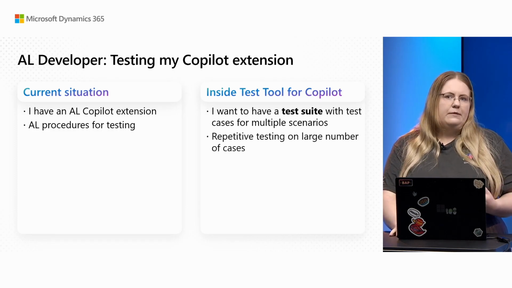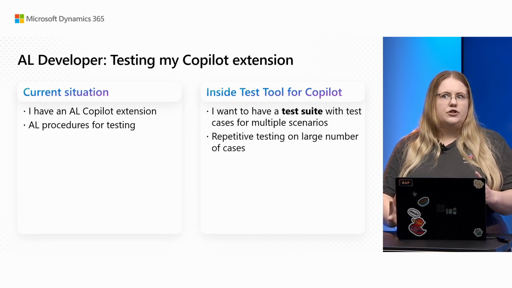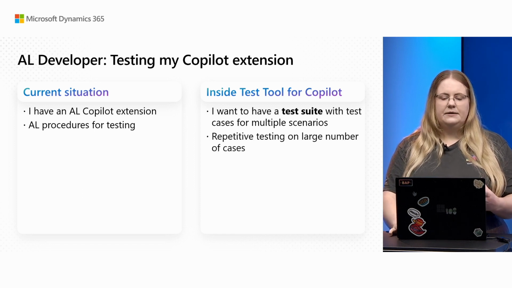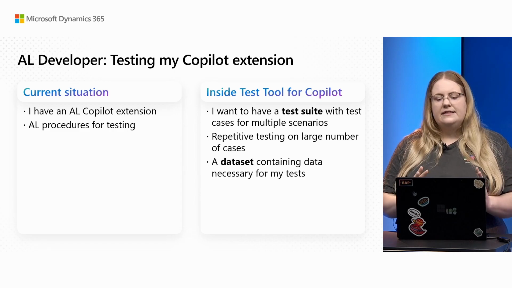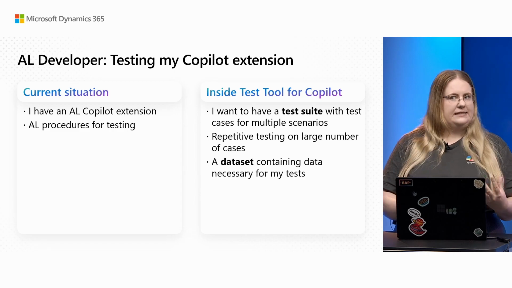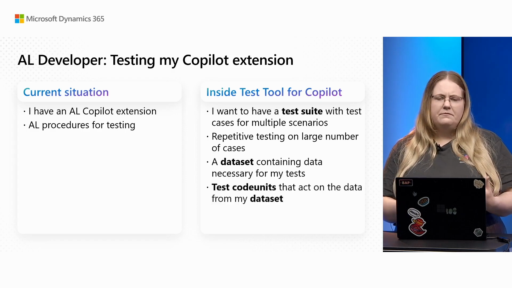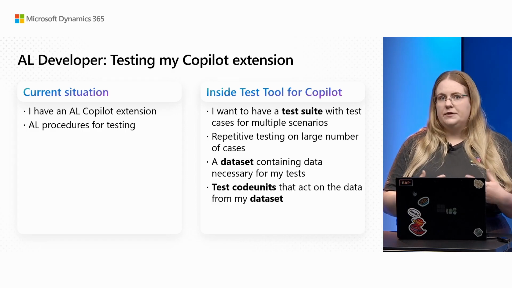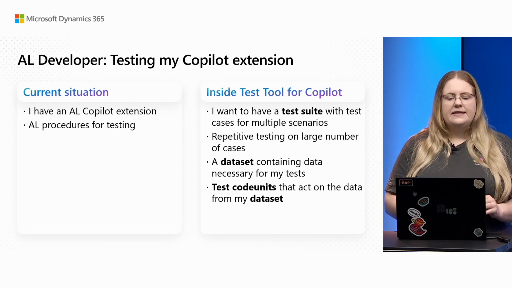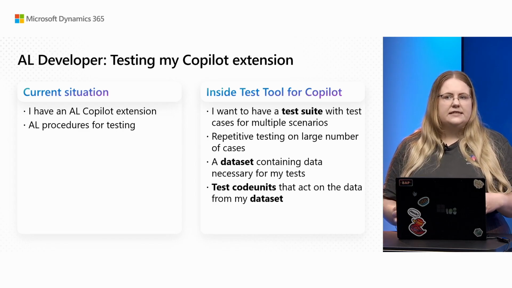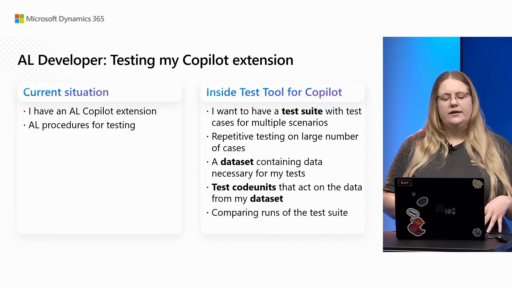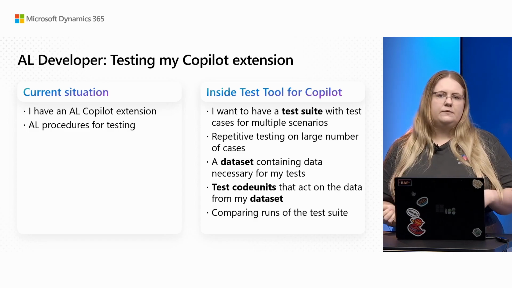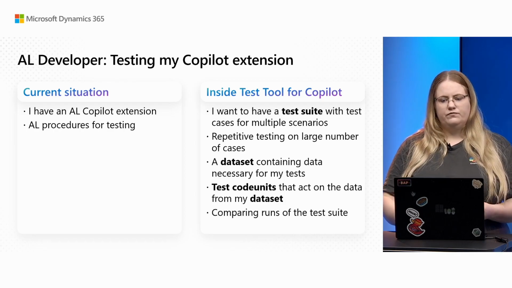And I want to enable repetitive testing on a larger number of cases. So I'll need a dataset that contains data necessary for my test. Then, obviously, I'll need the test procedures, test codeunits, that will act on the input data from my dataset. And then inside the tool, I'll be comparing runs of the test suite, the log entries, the results.